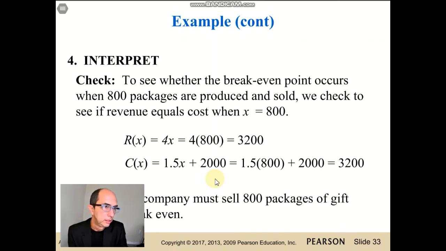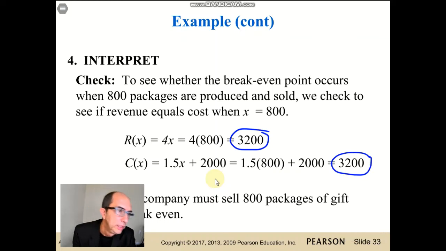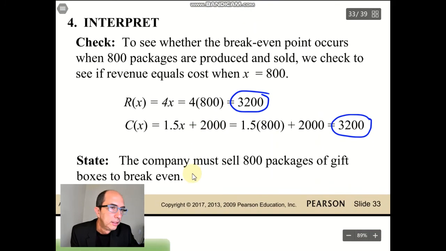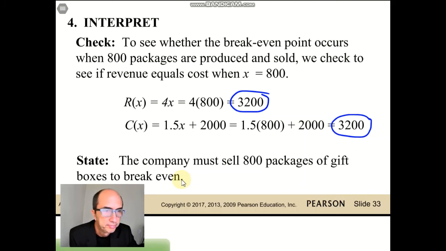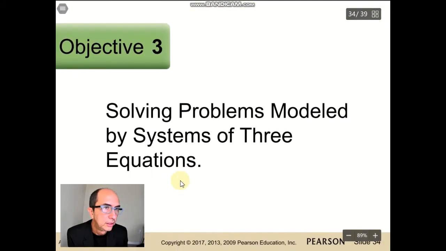If we calculate, the revenue is going to be $3,200 and the cost is going to be $3,200. If they are equal, we can confirm this is the break-even point. And now we state the solution: the company must sell 800 packages of gift boxes to break even. Very good. And we are finished with this example.